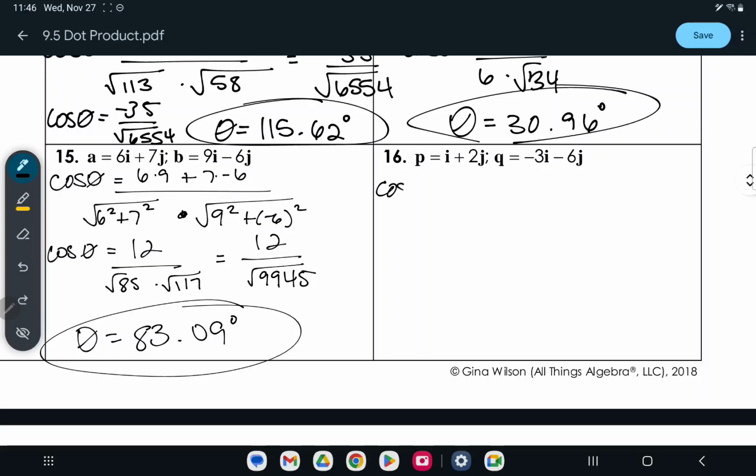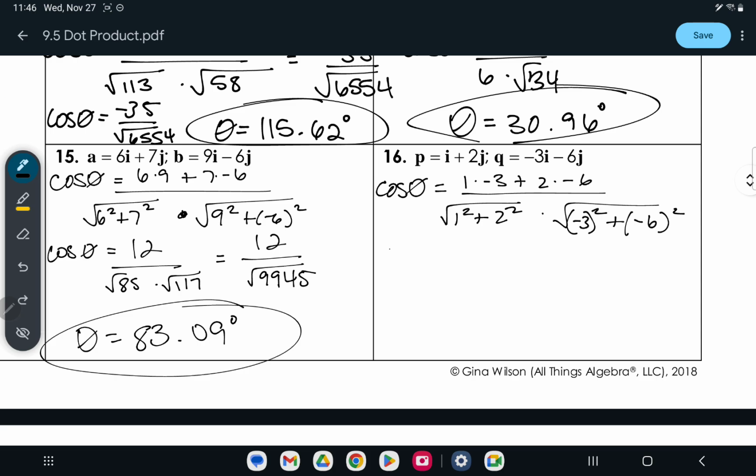So cosine theta of 1 times negative 3 plus 2 times negative 6 over, let's see, 1 squared and 2 squared, and negative 3 squared and negative 6 squared. So let's see, negative 3 plus a negative 12 is negative 15.